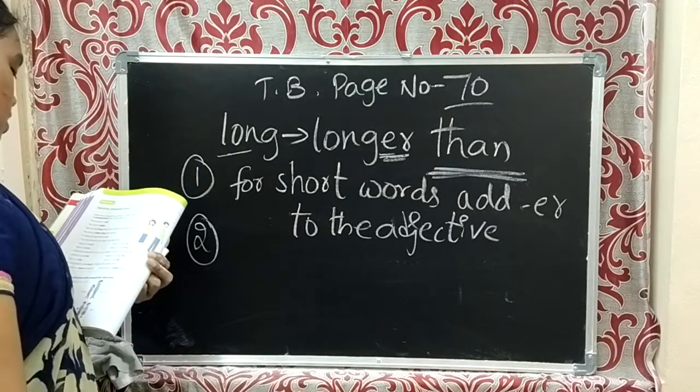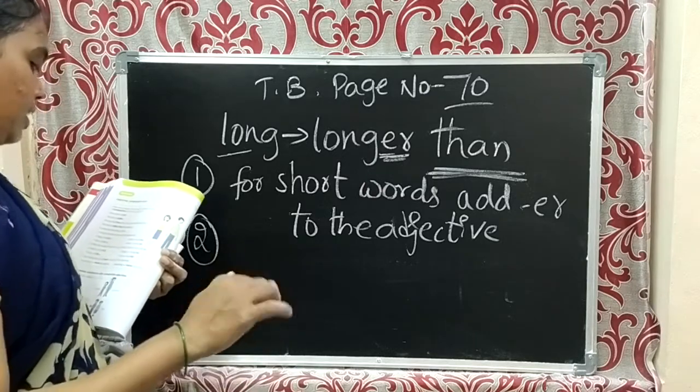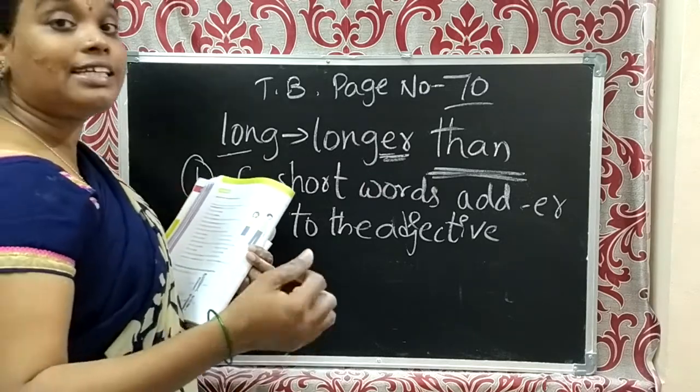When the adjective ends in Y, change the Y to I and add ER. How?